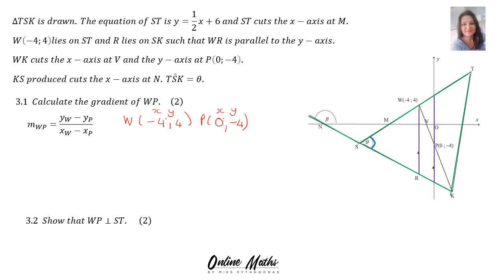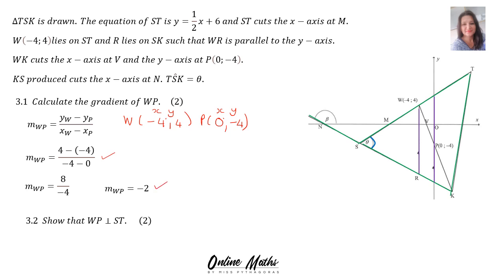My advice to you is when you substitute, use plenty of brackets, and then we find that the gradient of WP is -2. So where are the marks? Substitution into the correct formula and gradient.